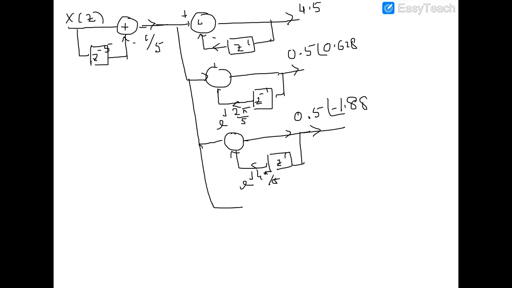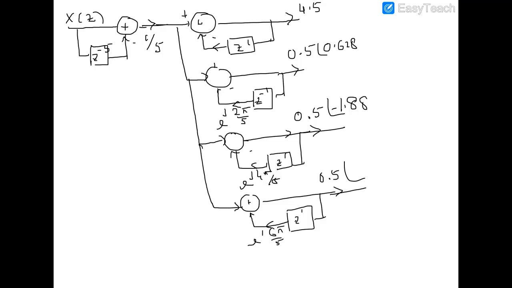Next one, it has to be multiplied by e to the power j 6 pi by 5, and this is 0.5 at an angle of 1.88.